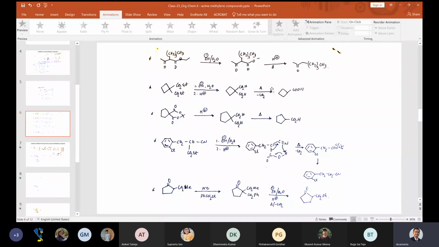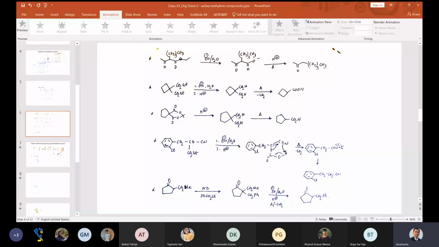So if you do the heat treatment, one of these COOH will be removed, and you get this compound. Correct? If it is a cyclic diester, again you hydrolyze in acidic condition, you get dicarboxylic acid. Again, these are beta acids to each other. So if you do the heat treatment, one of the carbon dioxide will be removed. So you finally get this compound.